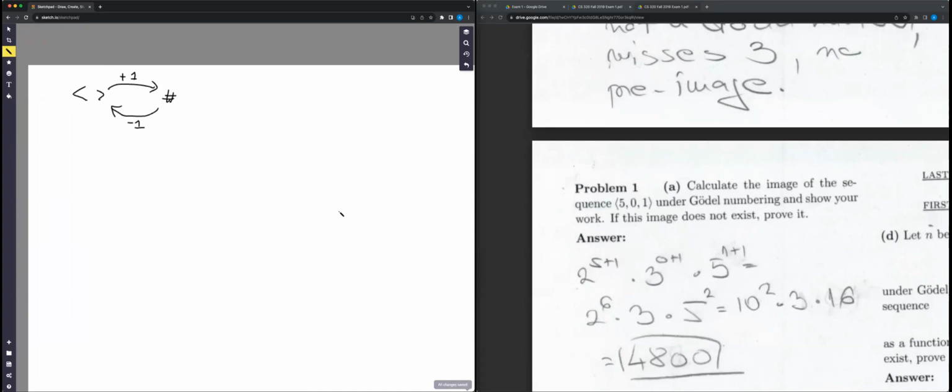Okay, so now we have a sequence, 5, 0, 1. And now we add 1 to the exponent. So we get 2 to the 6, because this is the first prime. This is the second prime, so 3 to the 1. This is the third prime, so 5 to the second. Okay, so how do we multiply this out? Well, there are two 5s here and two 2s here, so let's put those together to get 100.